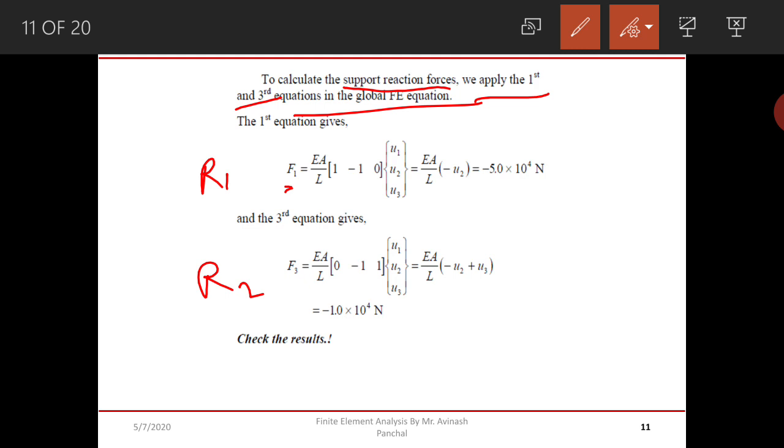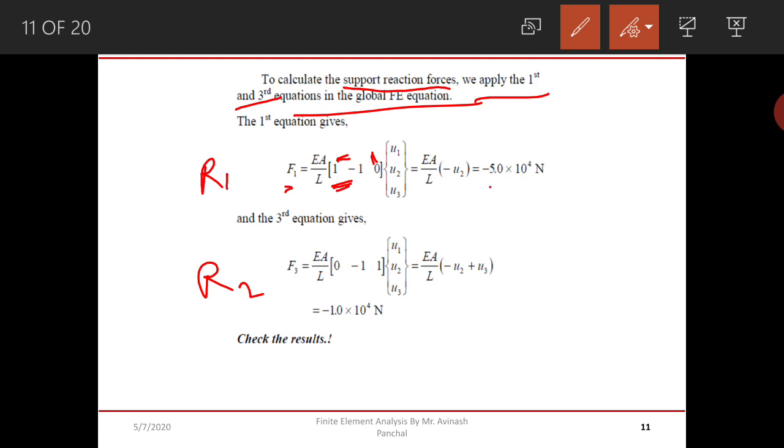Here the value of the third element is 0, because we are considering the reaction at the support, or at node number 1. For that we consider the other elements as 0, because only node numbers 1 and 2 are active with this.